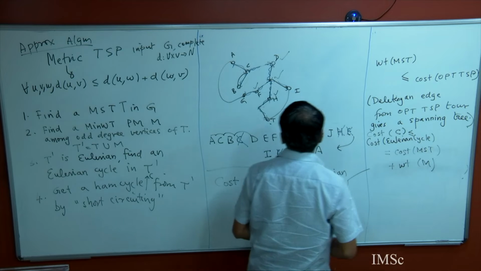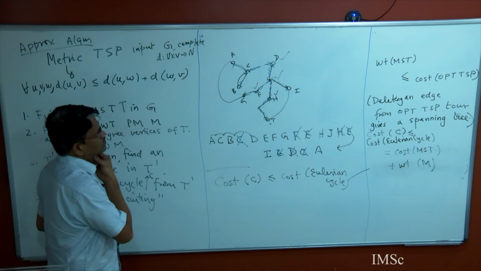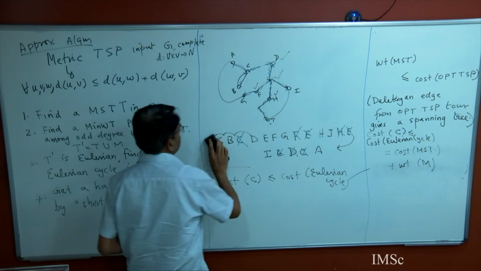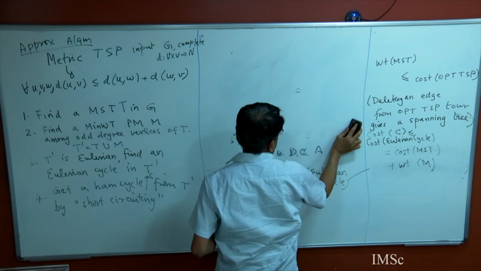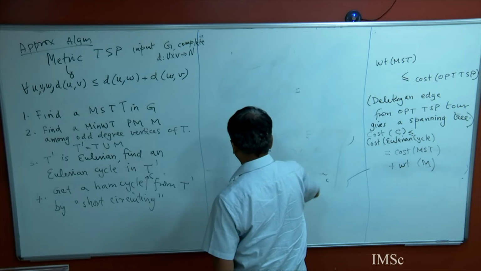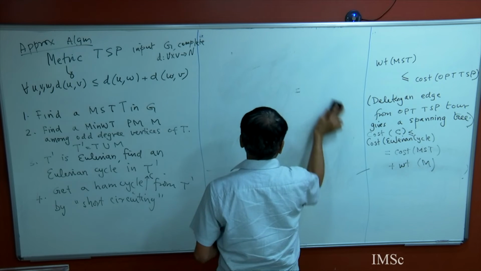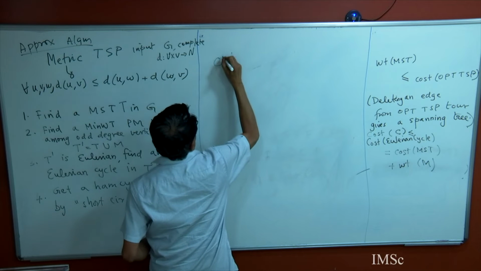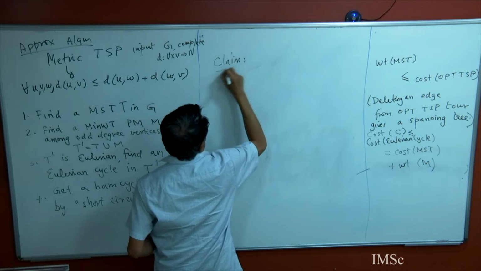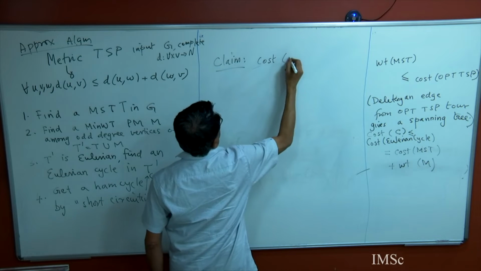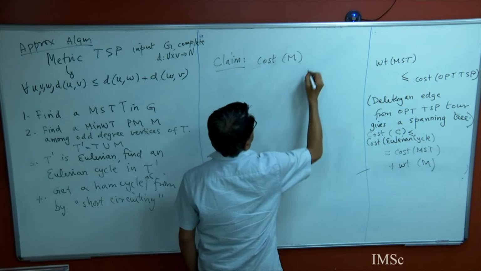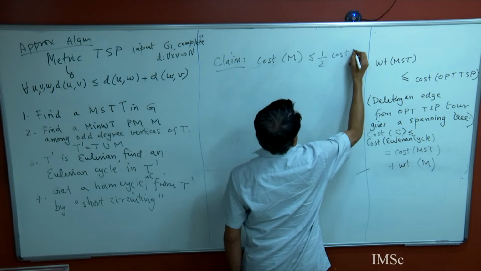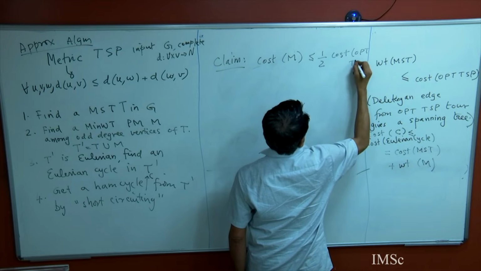So, what I want to show, yeah, I do not think you need this picture anymore. The cost of this matching, the minimum weight perfect matching on the odd degree vertices, is less than or equal to half the cost of TSP2.